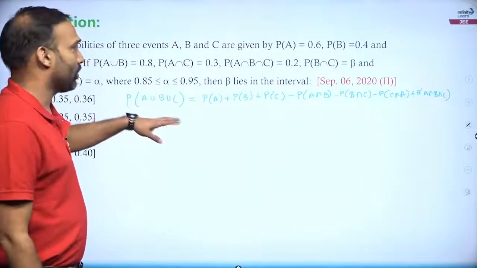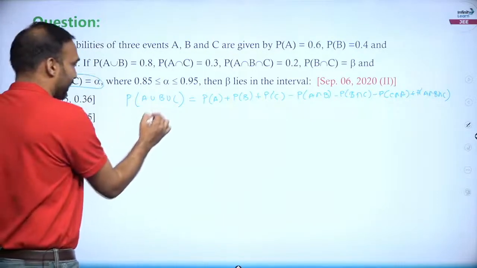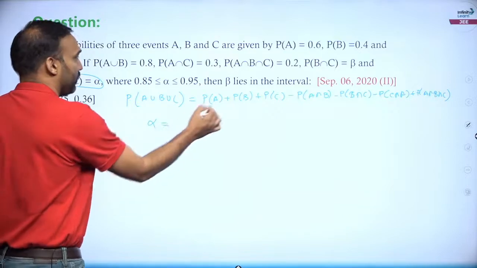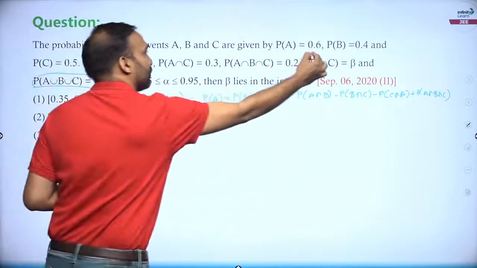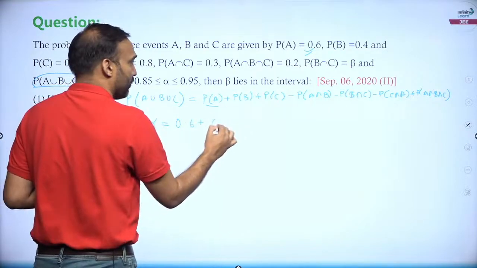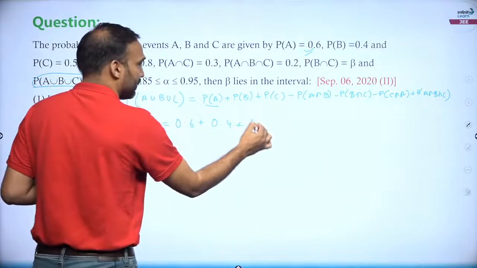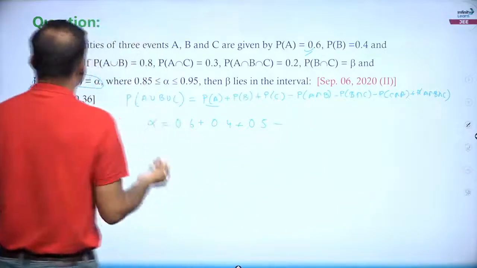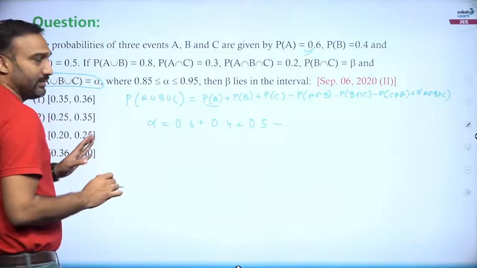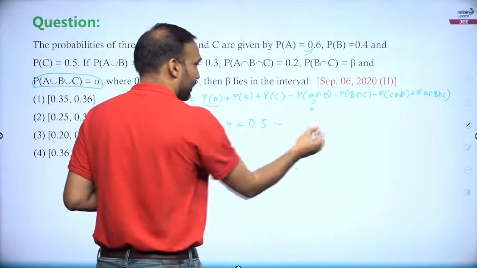Now let us see what all we got. A union B union C is alpha, so I can write this as alpha. This is equal to, what is PA? This is 0.6. Okay, so 0.6 plus PB 0.4. PC 0.5, P A intersection B. Okay, so I don't have A intersection B. We'll find this afterwards. So I am putting a question mark over here.